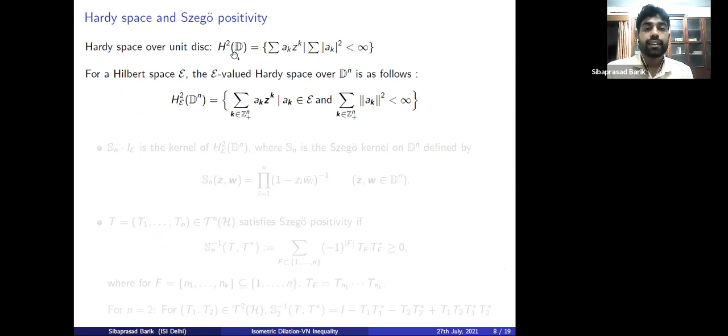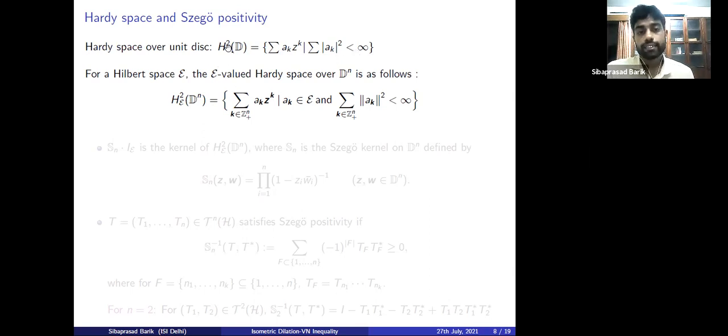The Hardy space over the unit disc, denoted by H2(D), is the set of all analytic functions on the unit disc such that the coefficients are square summable. And whenever we are talking about an analytic function, it has a power series representation. So this is nothing but the set of all convergent power series on the unit disc such that the coefficients are square summable.